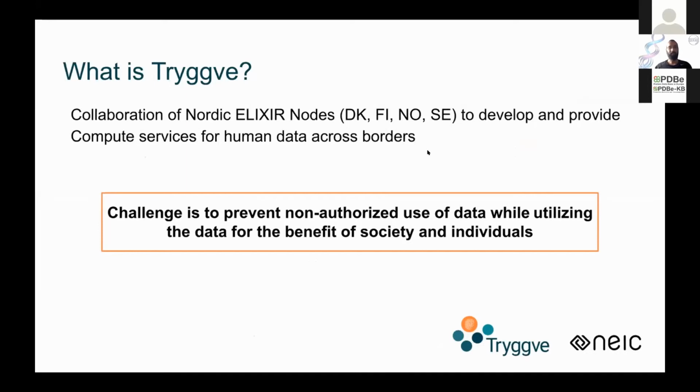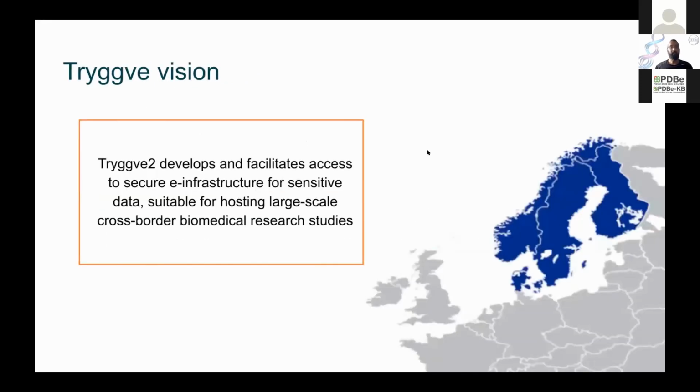The main target for overcoming the challenge is to prevent non-authorized use of data while utilizing the data for the benefit of the society and individuals. And this is the vision of TRIGVA. TRIGVA develops and facilitates access to secure infrastructure for sensitive data suitable for hosting large-scale cross-border biomedical research studies.